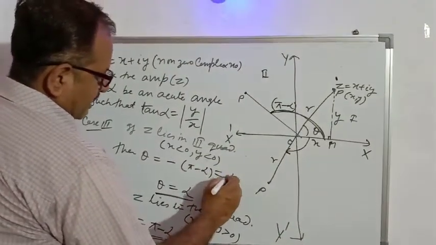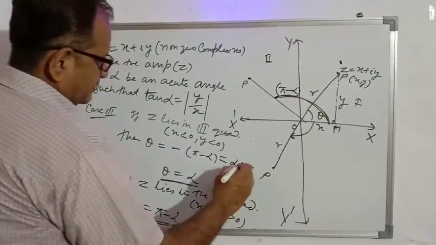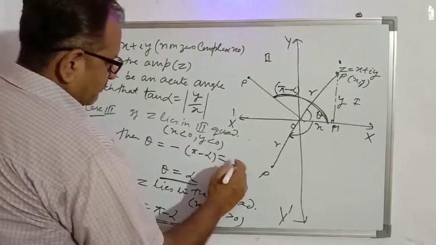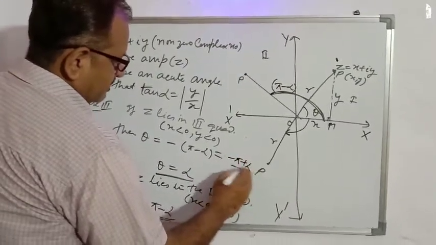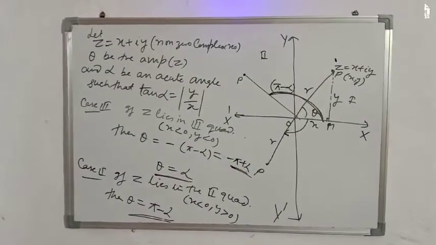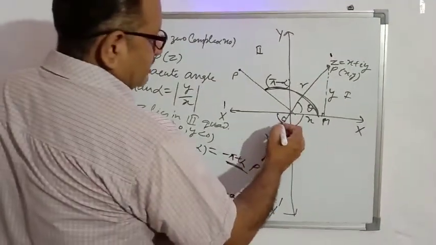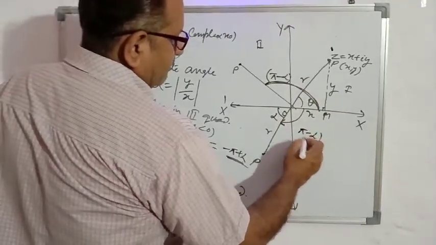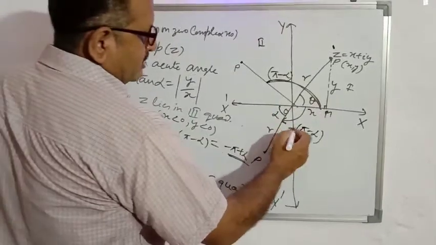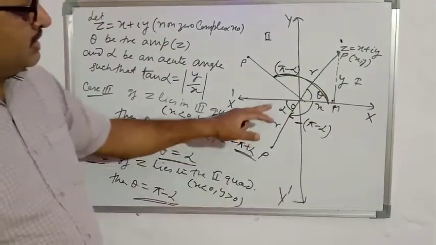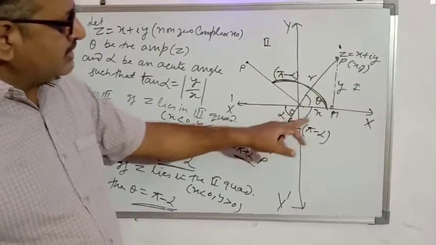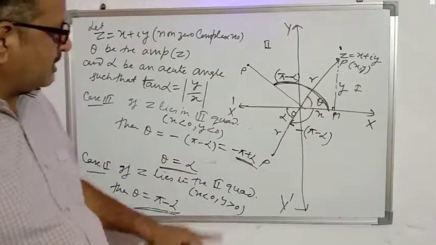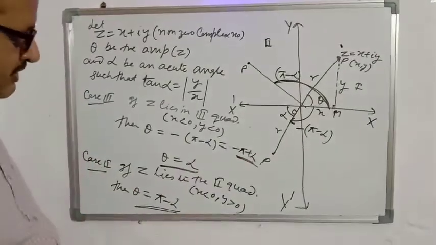When we open the bracket, it is minus pi plus alpha, alpha minus pi. Suppose this angle is alpha. Then this angle will be pi minus alpha, but it is in the clockwise direction, so we take it negative: minus (pi minus alpha), which is minus pi plus alpha.